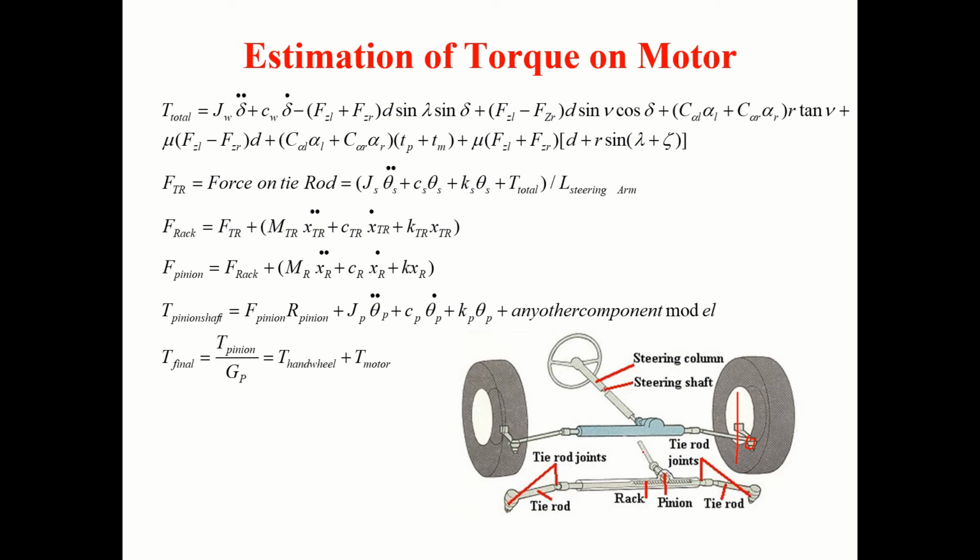Force on this, if you consider this is inner end, this is outer end of the tie rod, this total plus this is steering arm dynamics, because this fellow rotates like this. So total torque divided by steering arm length, I'll get this force here.